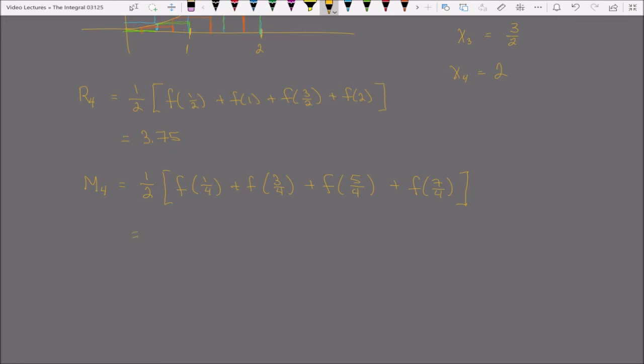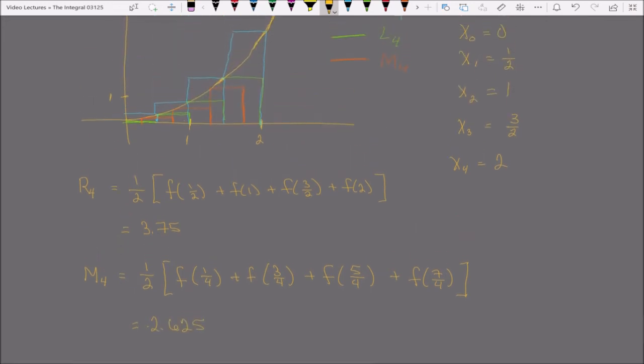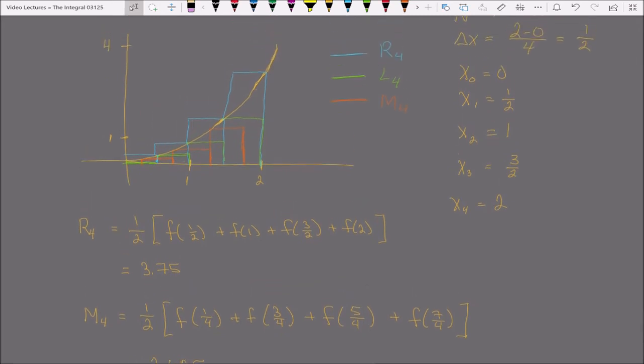This will be 2.625. Alright, so I actually need to make a slight adjustment.